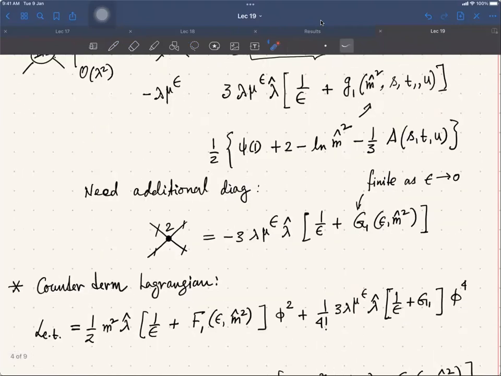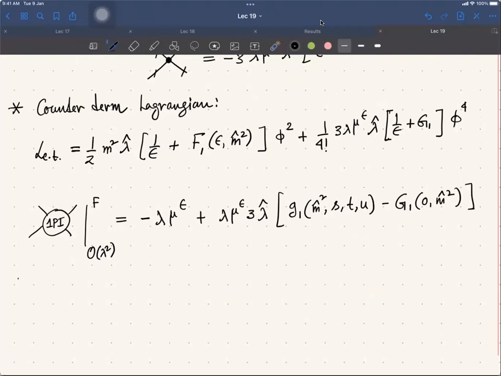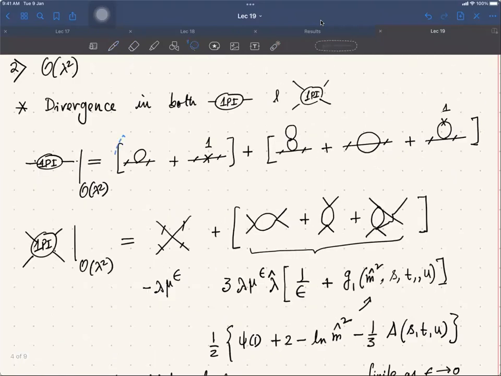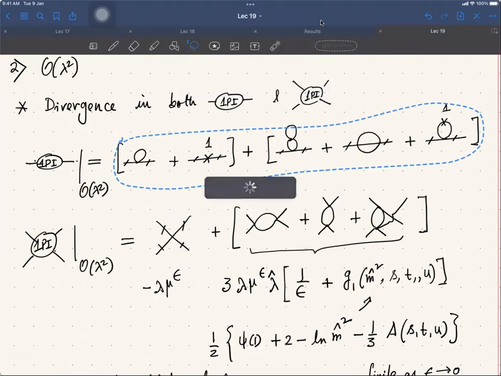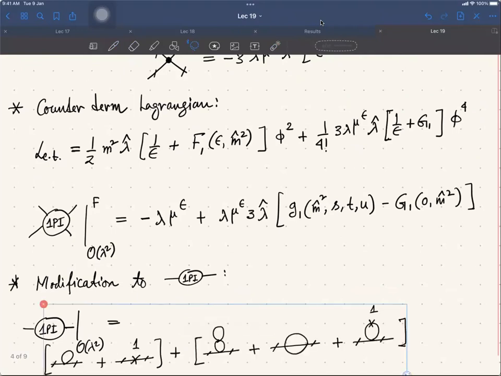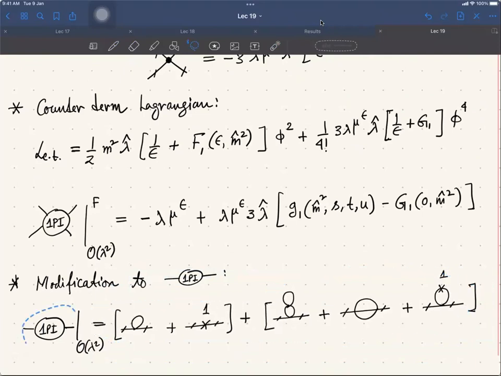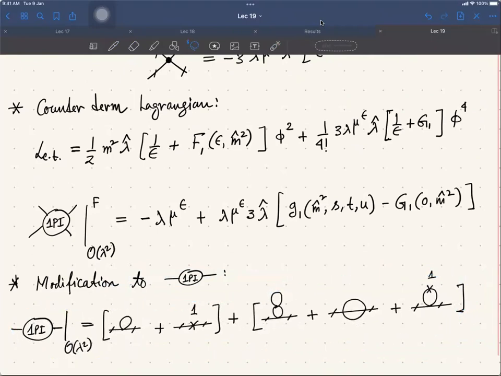So we should have a modification to 1 pi up to order lambda square at the original terms plus another diagram, which is this.